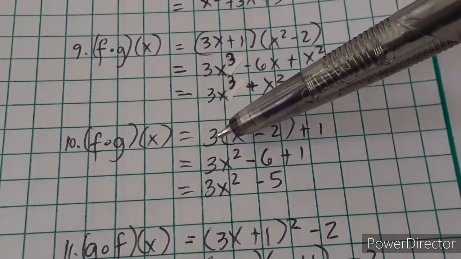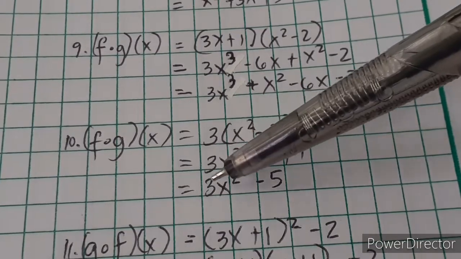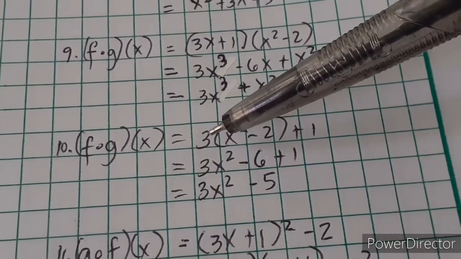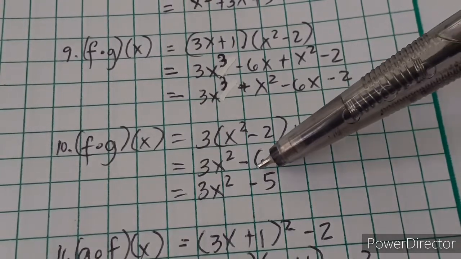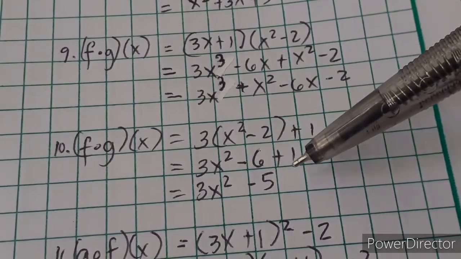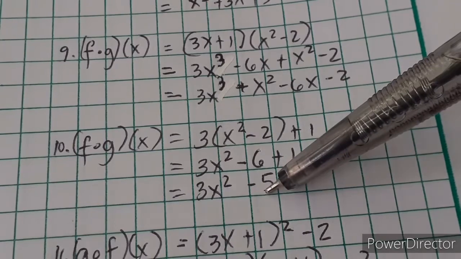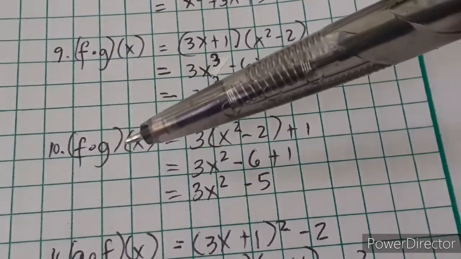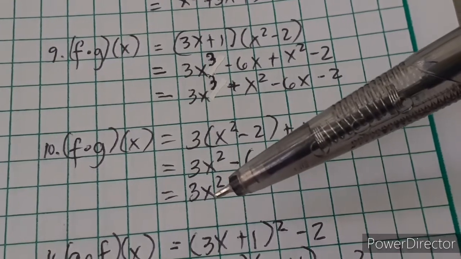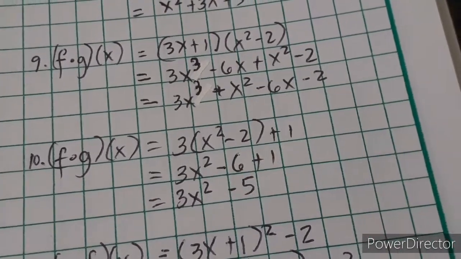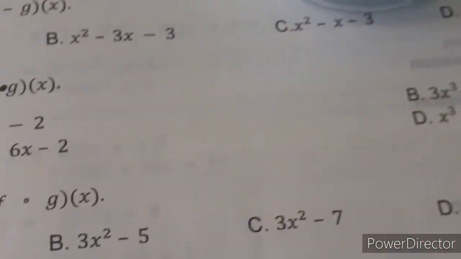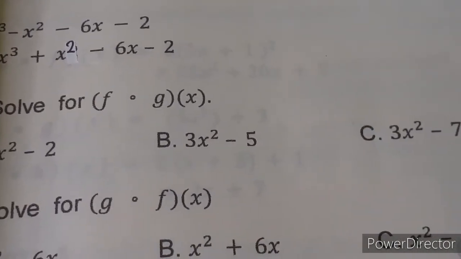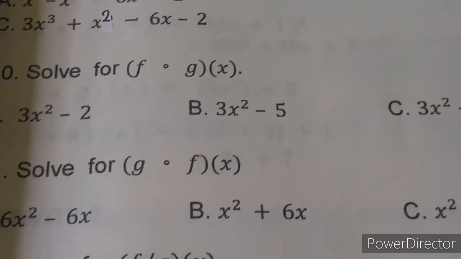And then multiply, 3 times x squared is equal to 3x squared. 3 times negative 2 is negative 6. And then plus 1, so you get negative 5. So our final answer is f of g of x is equal to 3x squared minus 5. So that is letter B.